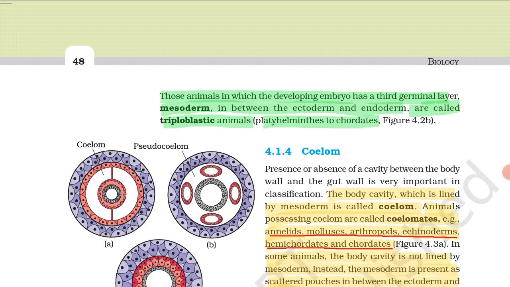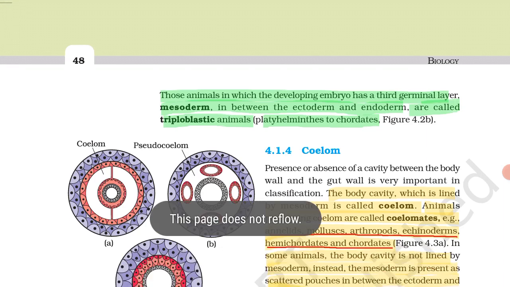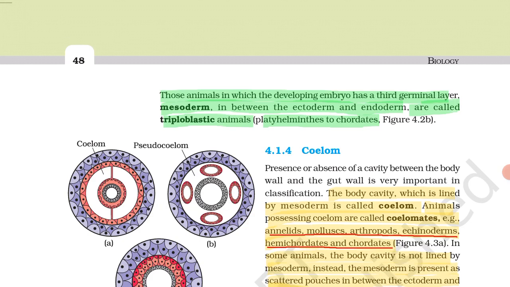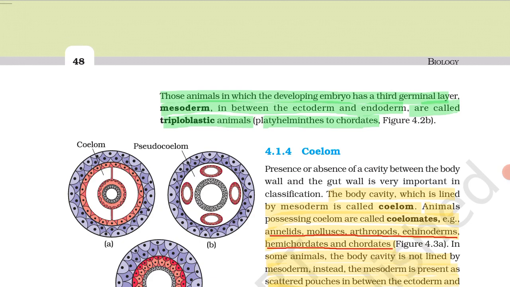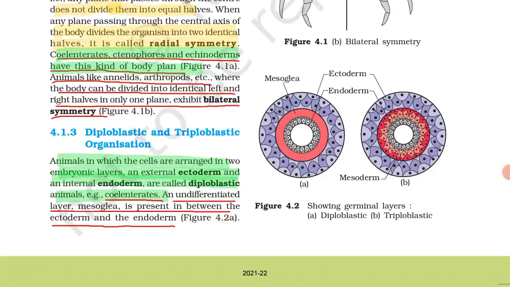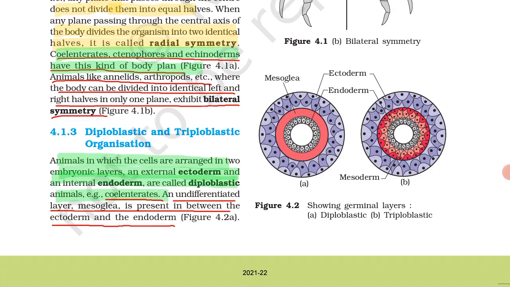Next, the animals in which the developing embryo has three germinal layers, with mesoderm in between ectoderm and endoderm, are called triploblastic animals. The outside layer is ectoderm, the innermost layer is endoderm, and in between there is a layer of mesoderm.